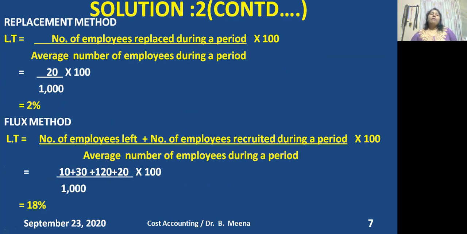Once you calculate the average number of employees, consider the separation method only by considering the employees who left the organization. But in the replacement method, you need to consider only how many of them were replaced in the vacancies. And in the flux method, how many of them left and how many of them were recruited, we need to consider to calculate the labor turnover. So this is all about how to calculate the labor turnover by the personnel department, either separation method or replacement method or flux method.